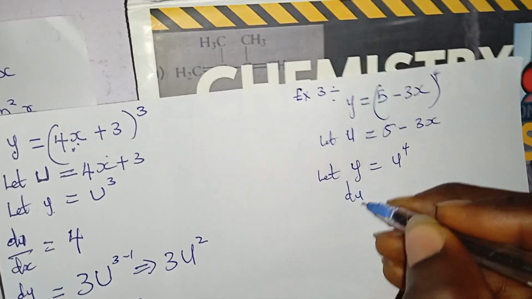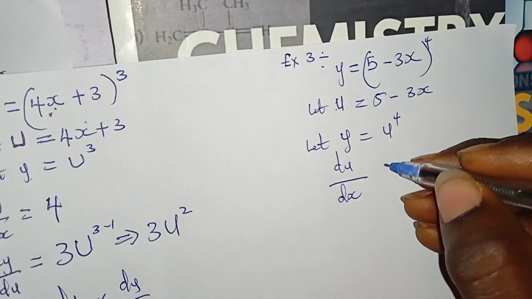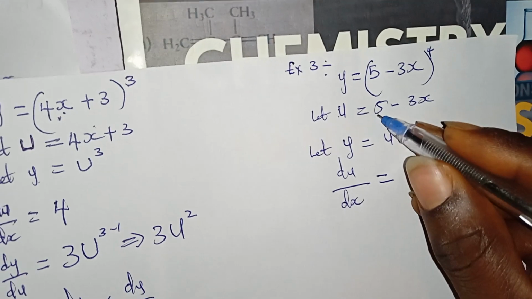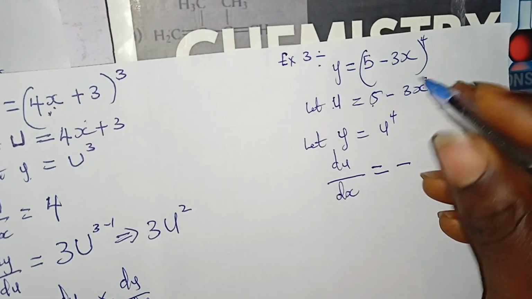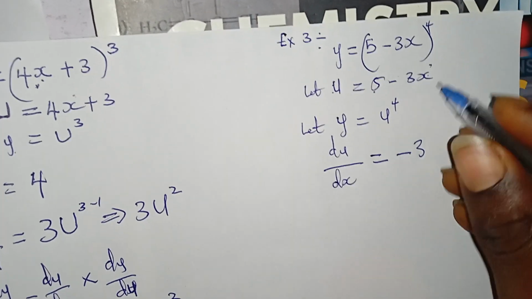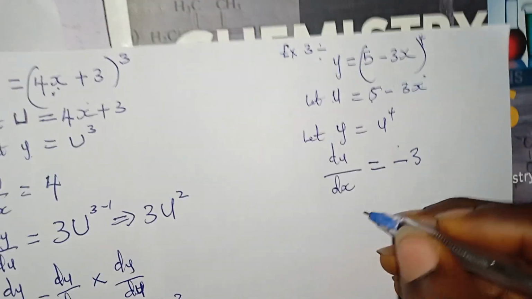So for du over dx, I'm seeing u and I'm seeing x, so I differentiate u with respect to x. It is going to be equal to: derivative of a constant is 0, so I have minus, there's an invisible 1, come here, 1 times 3 is 3, then 1 minus 1 is 0, so I have just minus 3.